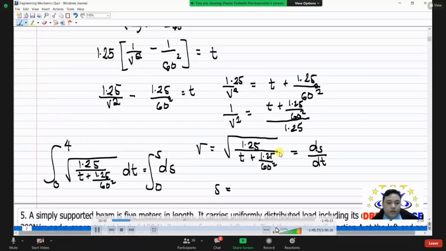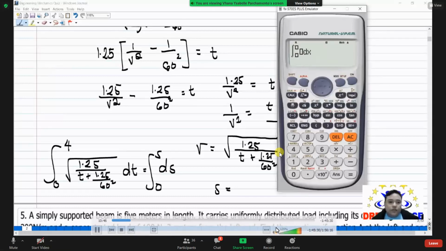So ito yung kompleto, yung sa may time domain. So yun yung integrate natin. So that is square root of 1.25 all over x plus 1.25 all over 60 squared. So this is from 0 to 4.